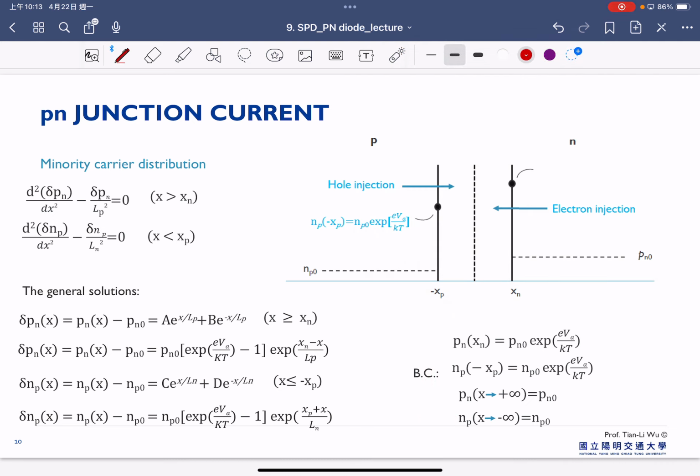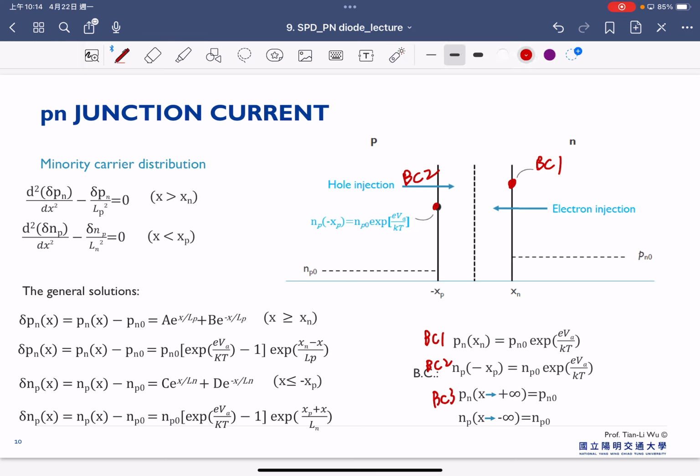This is boundary condition 1, which is this one, at the depletion boundary, and we also have this boundary condition 2. That's this. We also have, once our x approaches infinity, we can expect the concentration will be equal to our thermal equilibrium concentration.